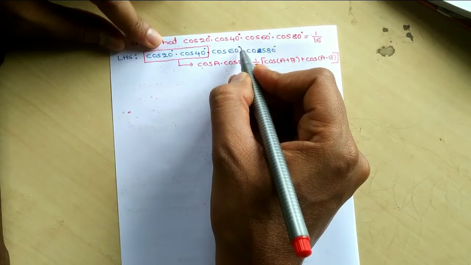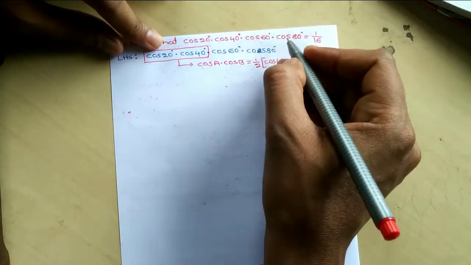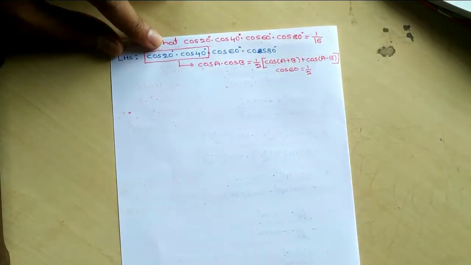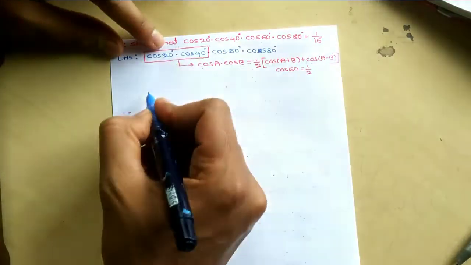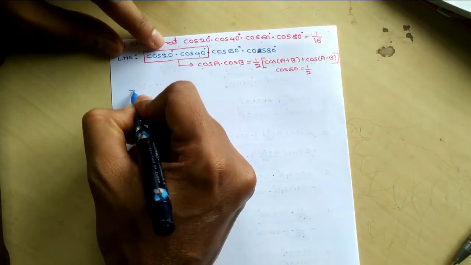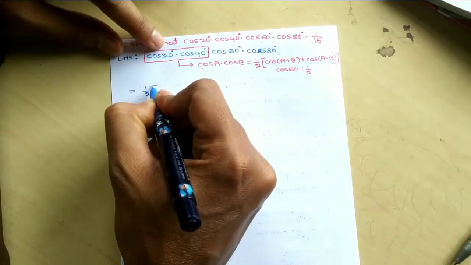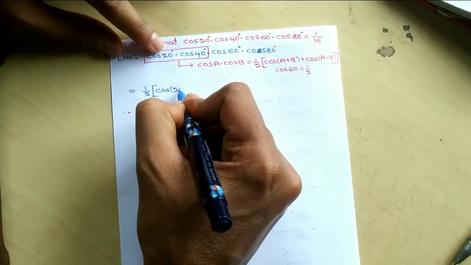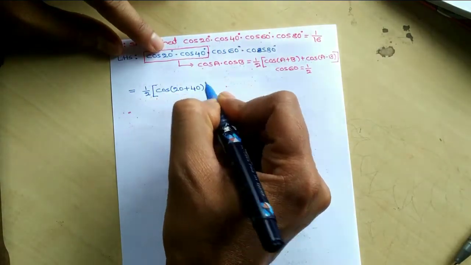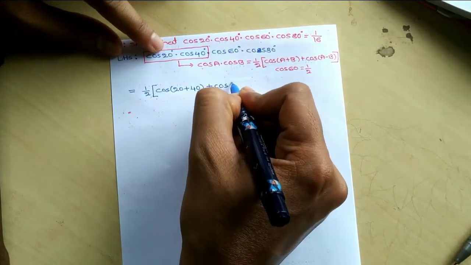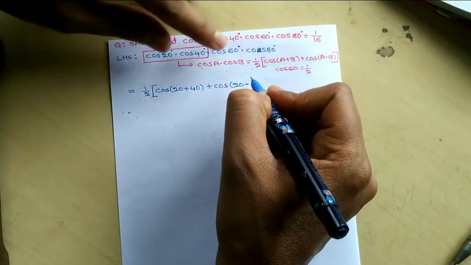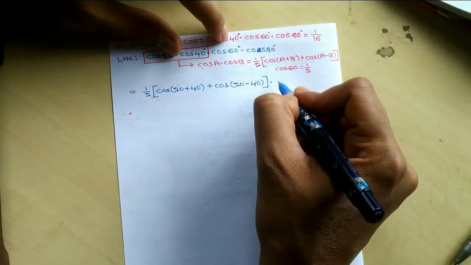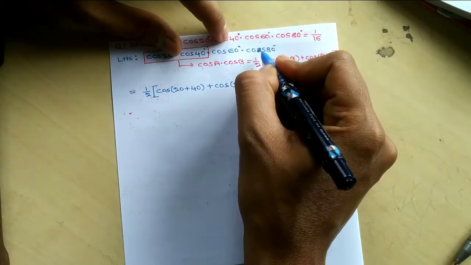Next, you know the cos 60 degree value is 1 divided by 2. So now apply. Which is equal to 1 divided by 2 into bracket cos A plus B, A means 20 plus B means 40, plus cos A minus B, 20 minus 40. Okay, close the bracket, into cos 60 degree value is 1 divided by 2 into cos 80.